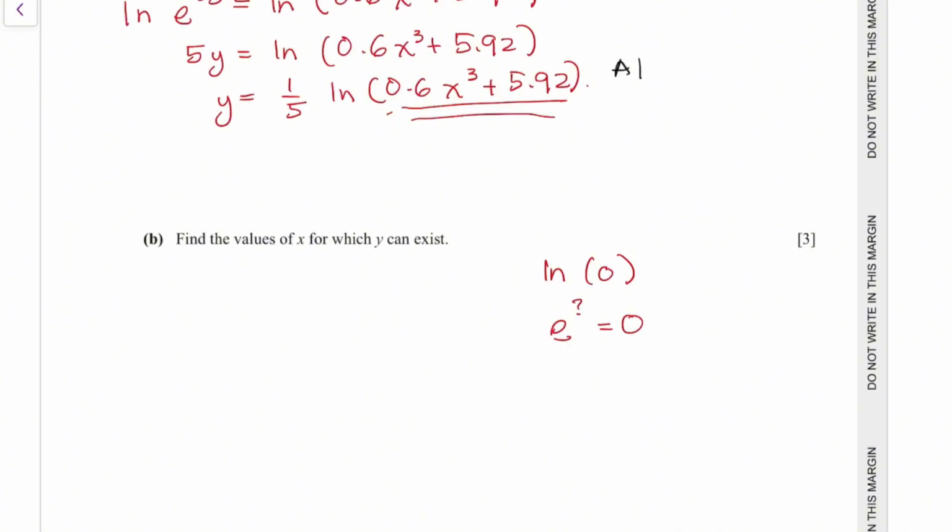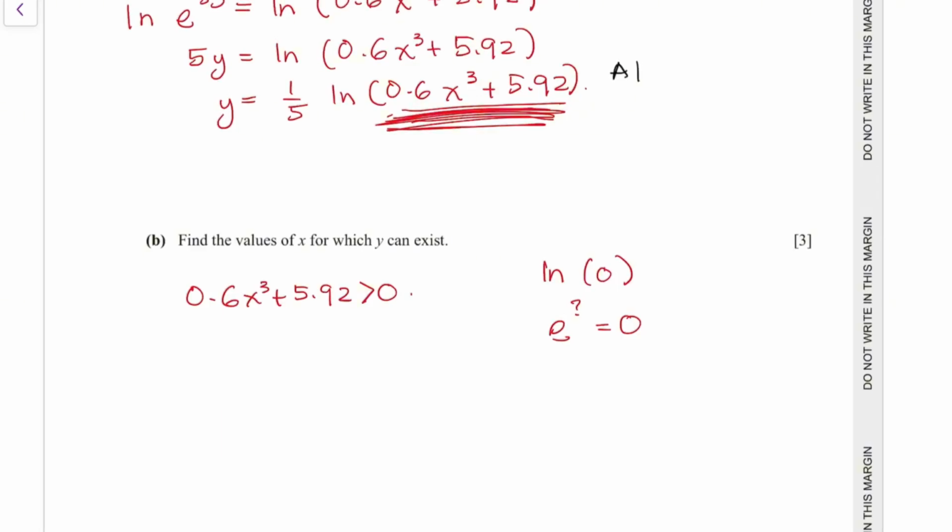So one thing you have to remember with logarithm is whatever in the bracket, it must always be more than 0. So you just need to equate that 0.6x cubed plus 5.92 must be greater than 0. Therefore your x cubed must be greater than negative 5.92 over 0.6.